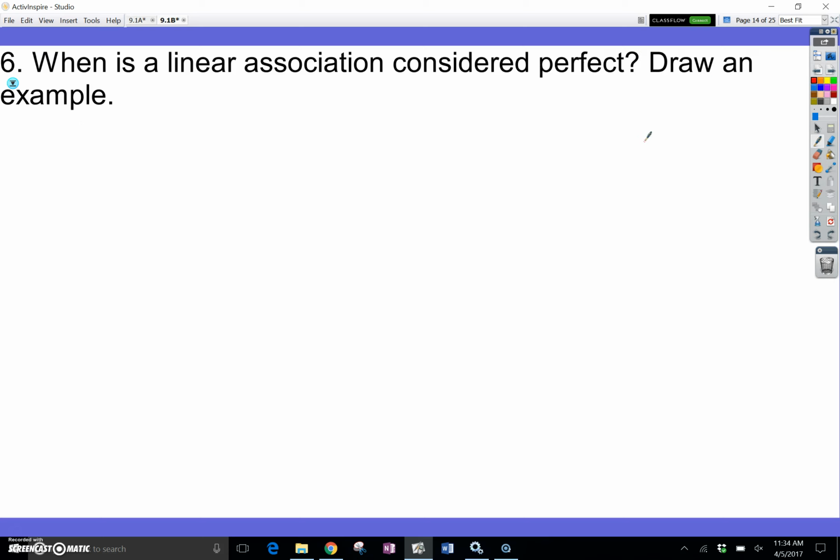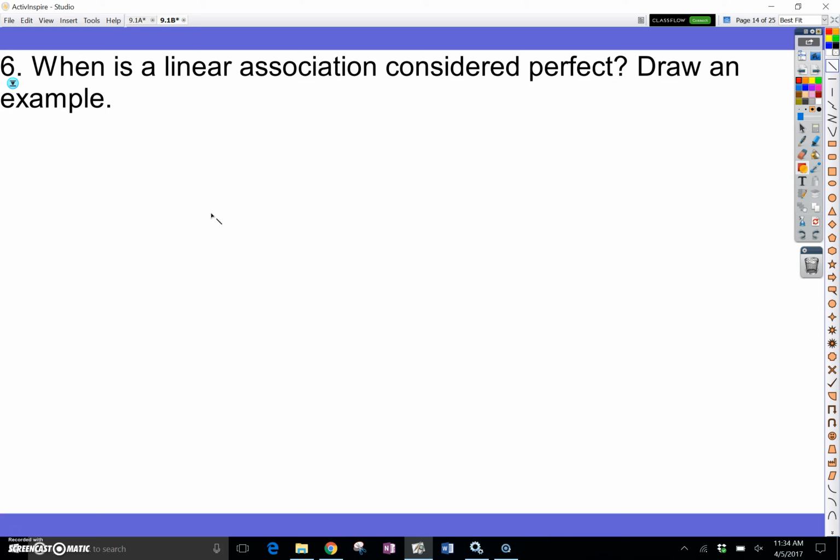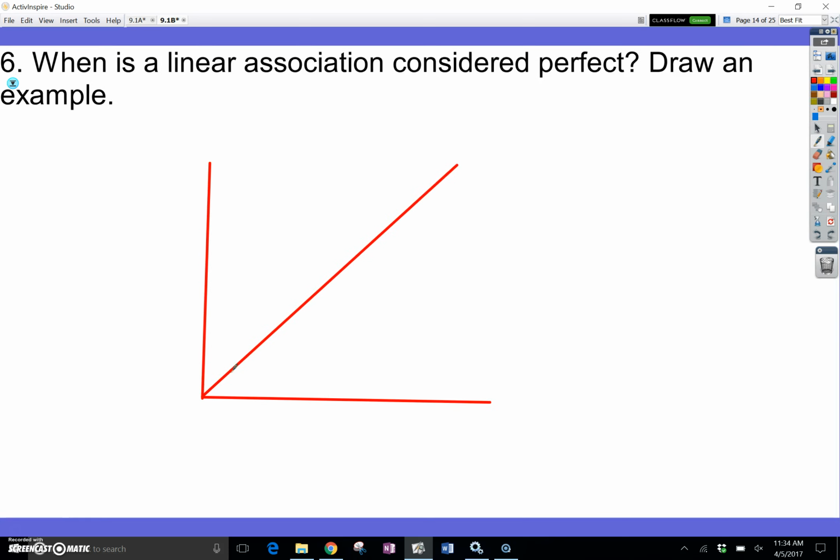So when is a linear association considered perfect? Draw an example. A linear association that would be considered perfect would be a perfectly straight line. So for an example here, don't draw this line just yet. It would be when all the points land right on this line. If it has a constant rate of change, that association would be considered perfect.